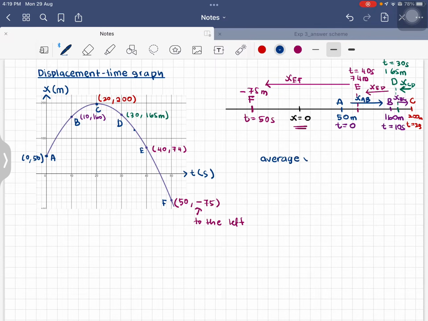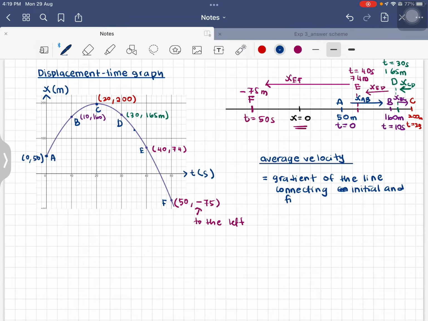To get average velocity in this graph, you need to connect a line between the initial point and final point. Then find the gradient. That means your average velocity is equal to the gradient of the line connecting the initial and final position.